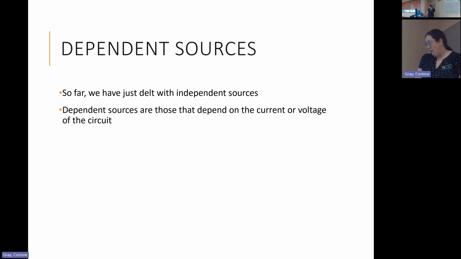So what a dependent source is, it is a source that depends on the current or voltage in that particular part of the circuit. So depending on what we have, we'll determine how that relationship is determined. So we need to wait to see the 4 types of dependent sources before we're ready to see how that works out.